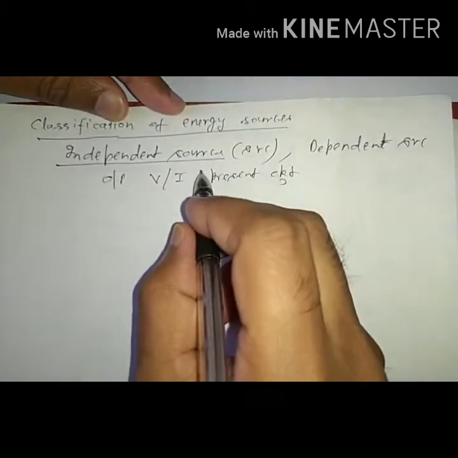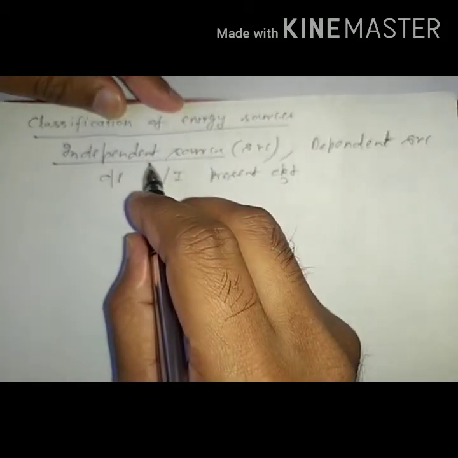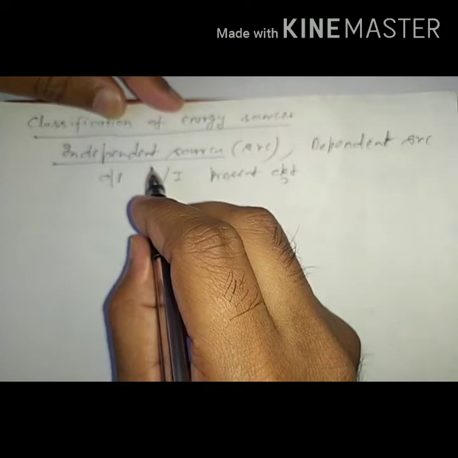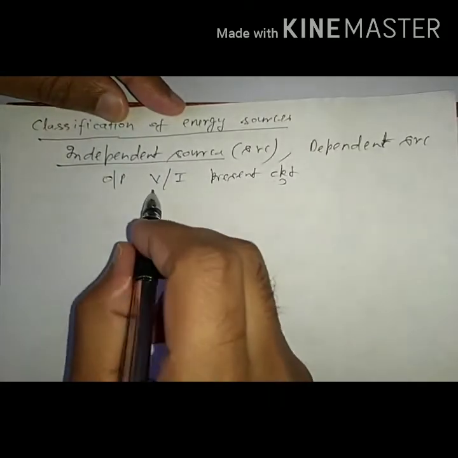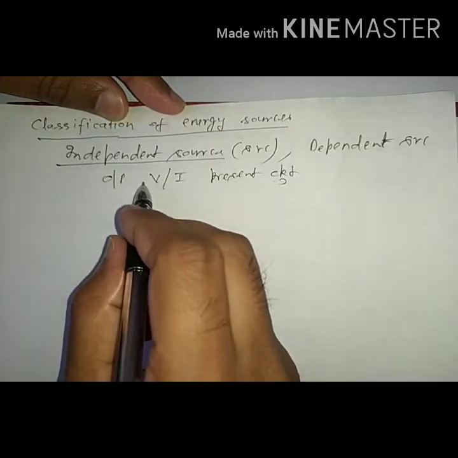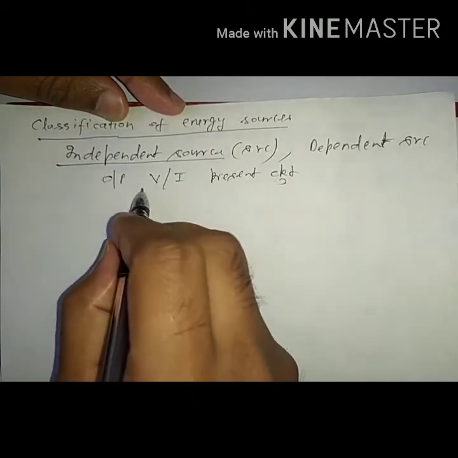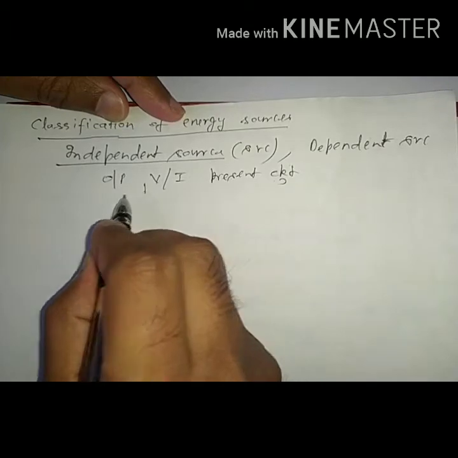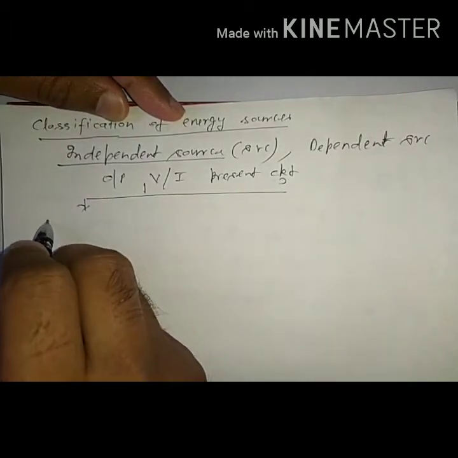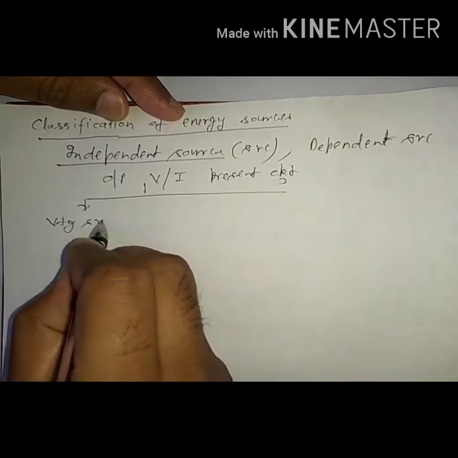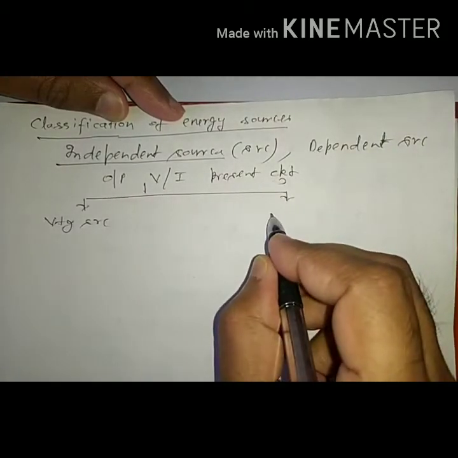So no other voltage and current is going to affect the value of the source at all. So these are classified as independent current source and independent voltage source.